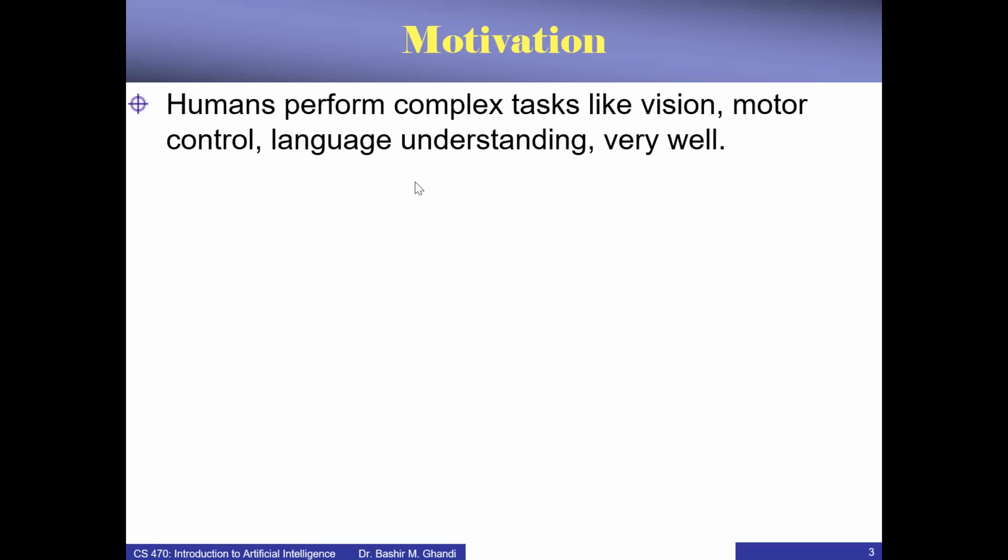You can observe, for example, how a small baby at a very small age can understand his mother tongue and can easily communicate over a very little period of time. So how are humans able to do that?